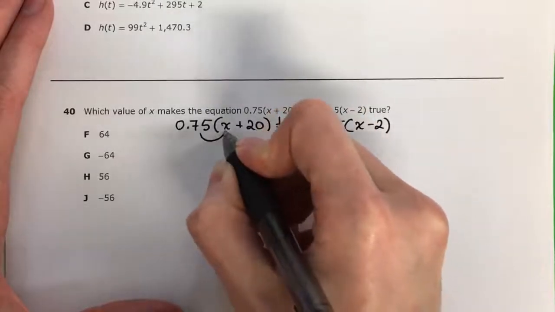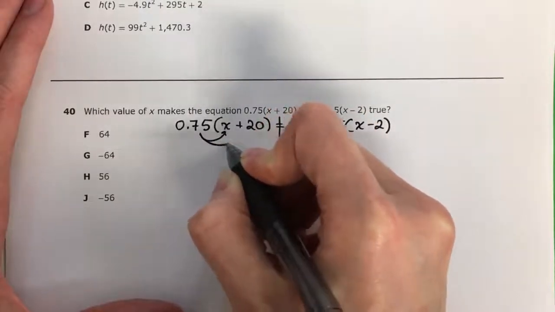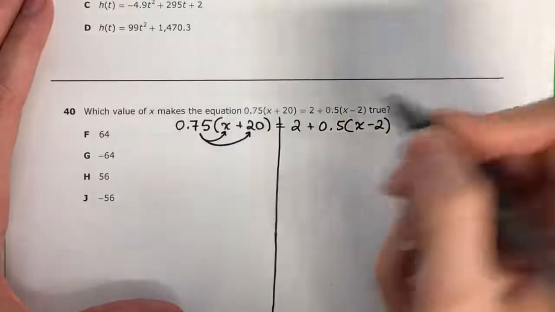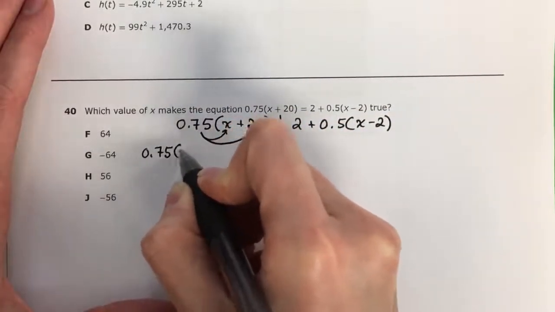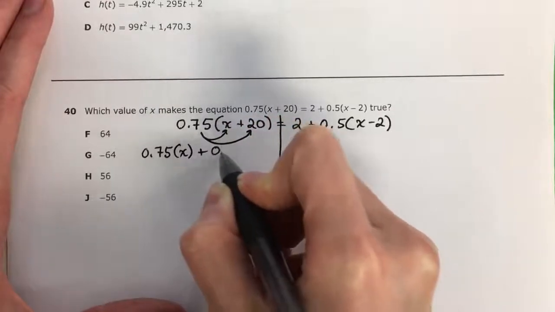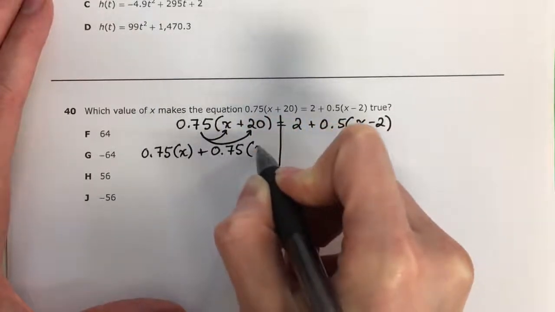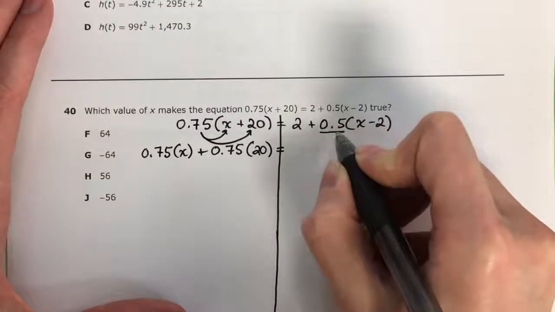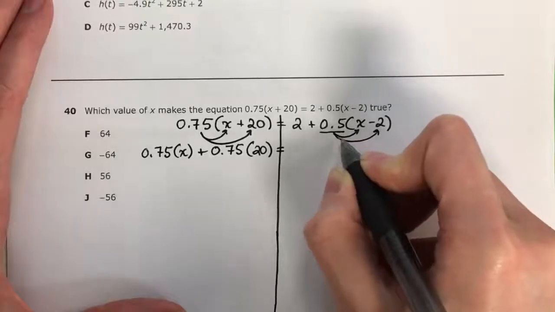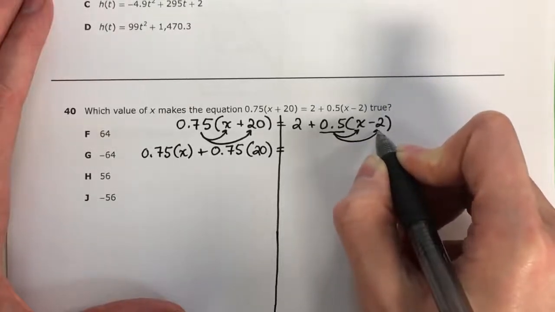So I'm going to do 0.75 times x and 0.75 times 20 equals, the number in front of the parentheses here is 0.5. So I'm going to do 0.5 times x and 0.5 times negative 2.